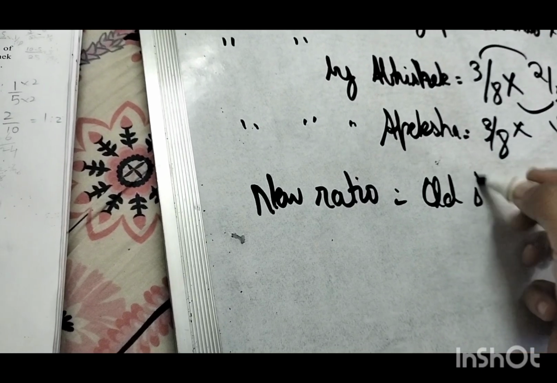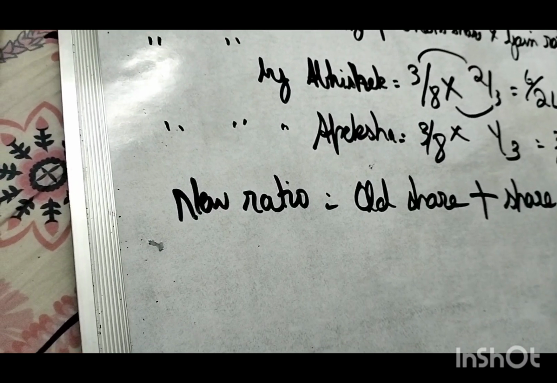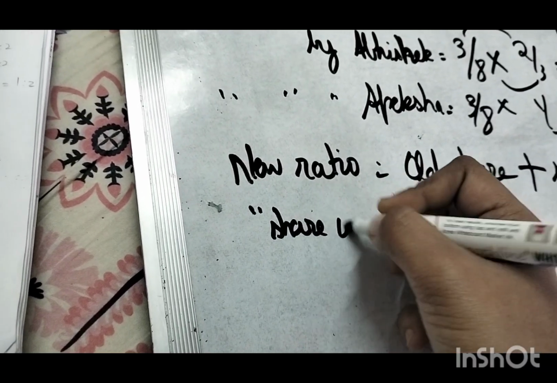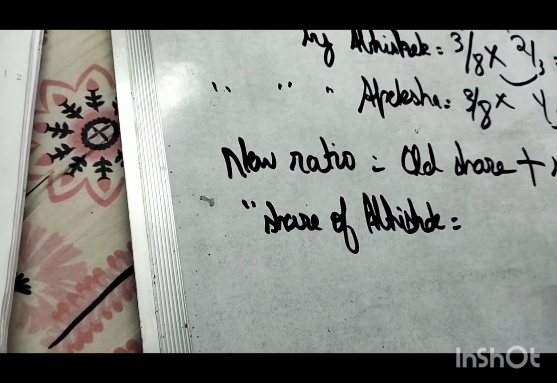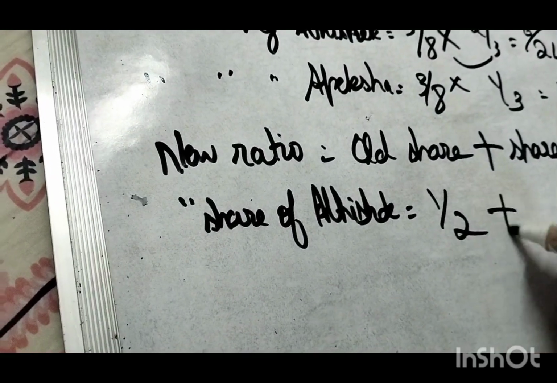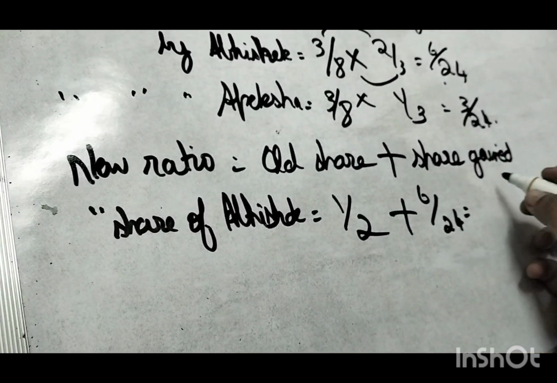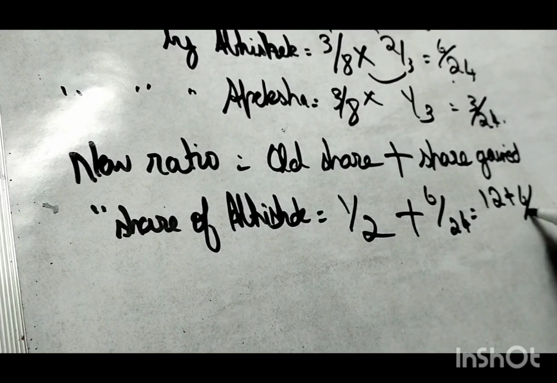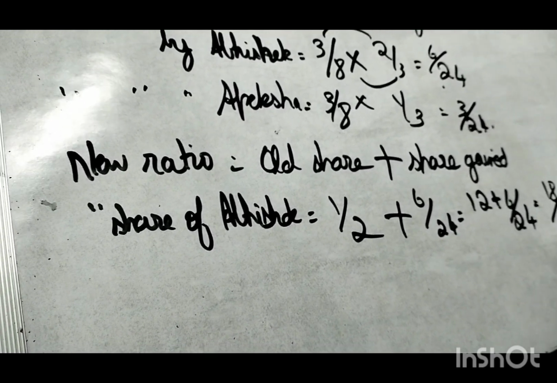Next, you need to calculate the new ratio, which is equal to old share plus share gained. So the new share of Abhishek is 1 by 2 plus, as we just calculated, the share gained 6 by 24. Cross multiply: 12 plus 6 by 24, so that's going to be 18 by 24.